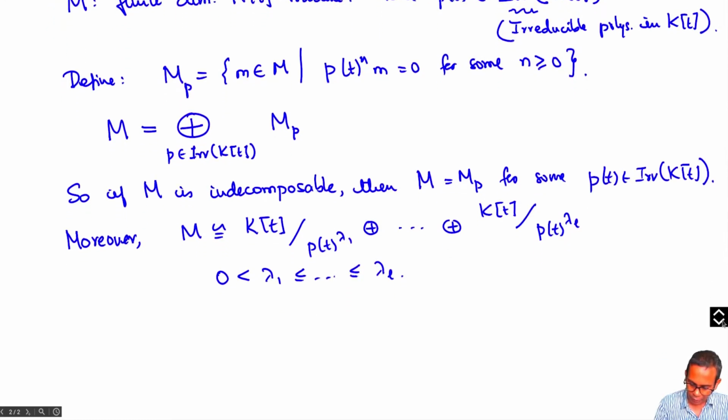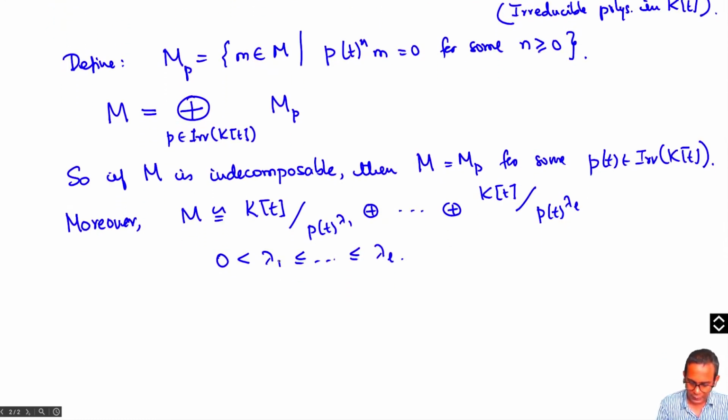And the uniqueness of these invariants lambda 1 to lambda L can again be viewed as a consequence of the Krull-Schmidt theorem.